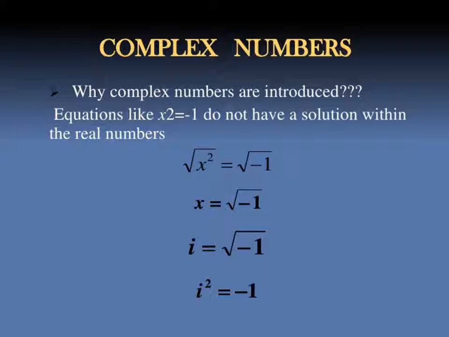In the introduction, an equation like x square is equal to minus 1 does not have a solution within the real number set. The real number set includes natural numbers, fractions, decimals, whole numbers, integers, positive, negative, rational numbers, irrational numbers, and above this no number gives x square is equal to minus 1.